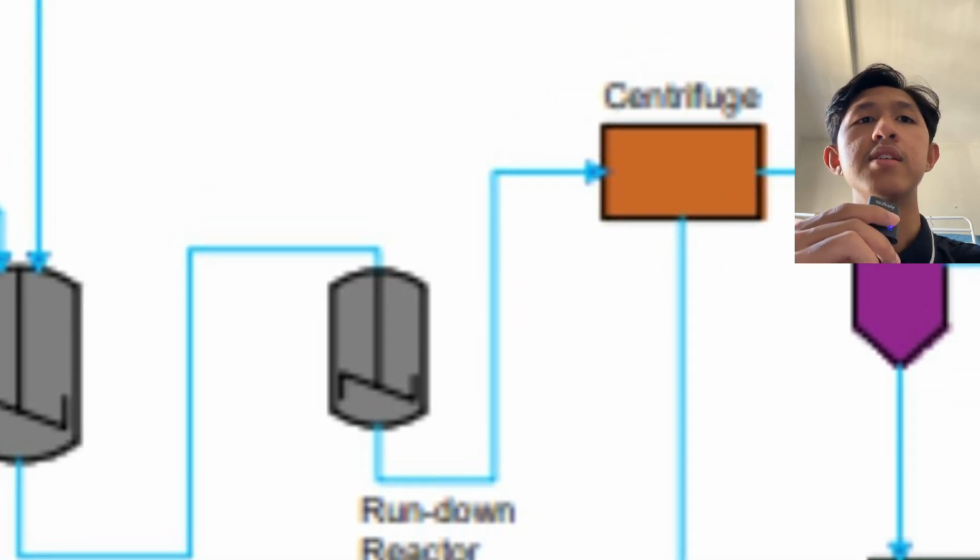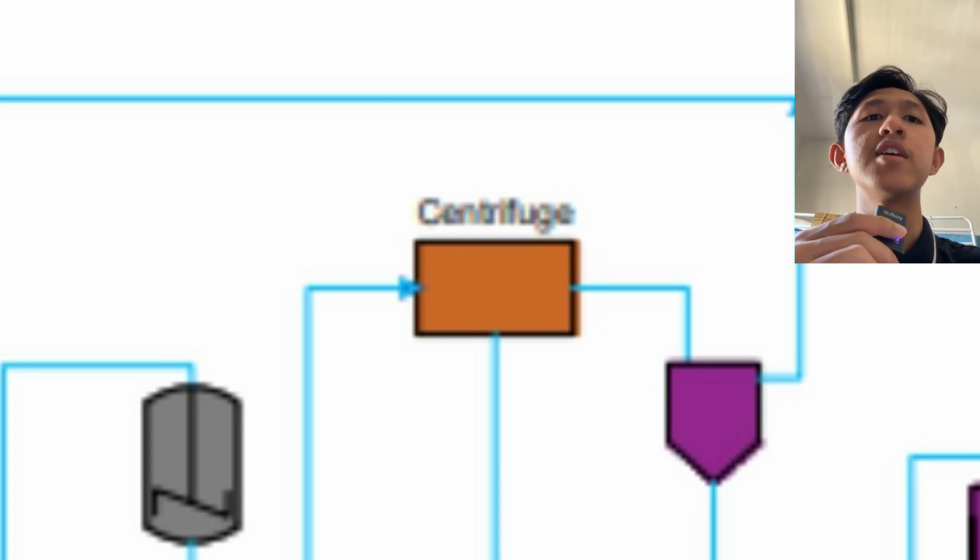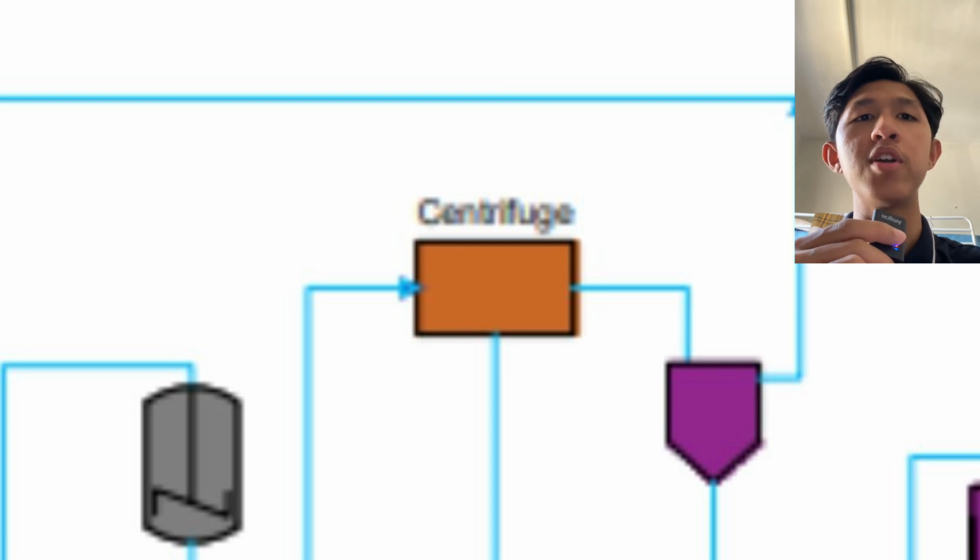The third one is the centrifuge. It is used to separate solid polymer particles from the liquid medium, such as solvents or unreacted monomers. This separation is crucial for purifying the polymer and preparing it for further processing steps, such as drying and pelletizing.